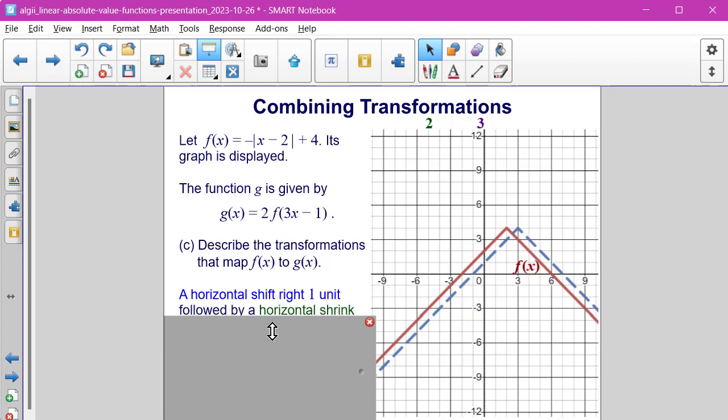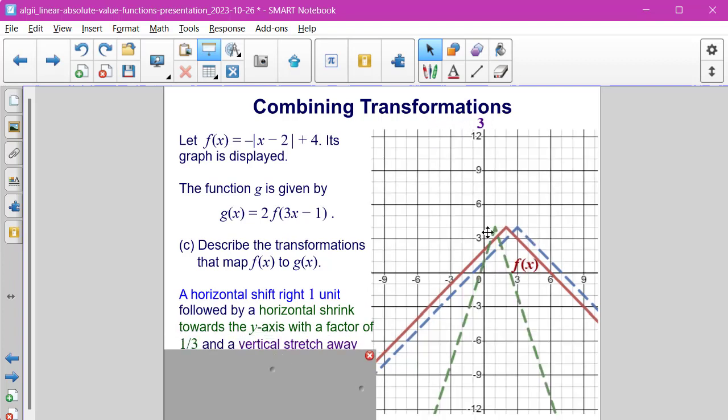Remember, that's 1 over b, so the horizontal shrink towards the y-axis with the factor of 1/3. We can see how the vertex moved then from 3, 4 to 1, 4 because of that horizontal shrink.